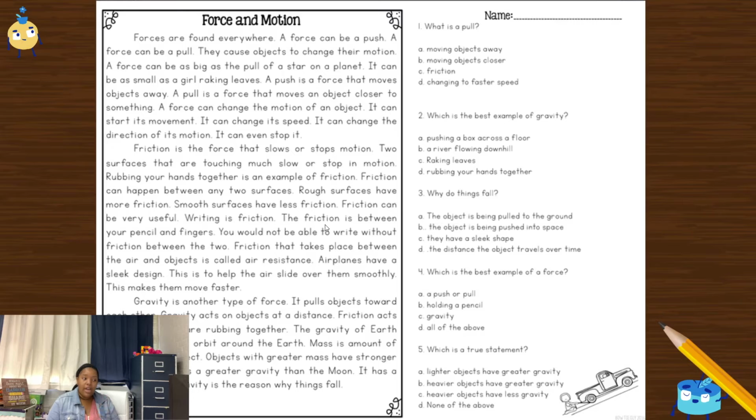Earth has a greater gravity than the moon. It has a greater mass. So I can make the inference that when something is heavier, it has more gravity. And I'm going to go with choice B. Heavier objects have greater gravity. Paragraph 3 helped me out with that one.